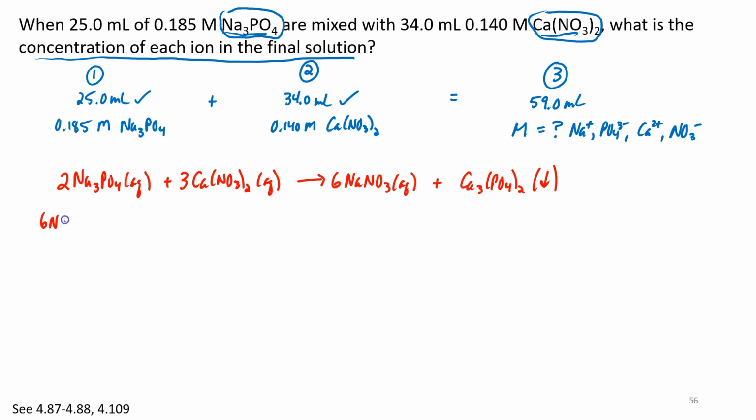So that'll be 6 sodiums plus 2 phosphates and 3 calciums and 6 nitrates. On the right, 6 sodiums, 6 nitrates, and then we have our precipitate, and we'll just leave that alone.